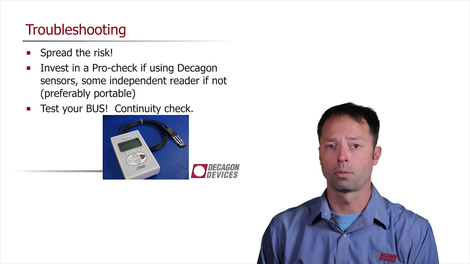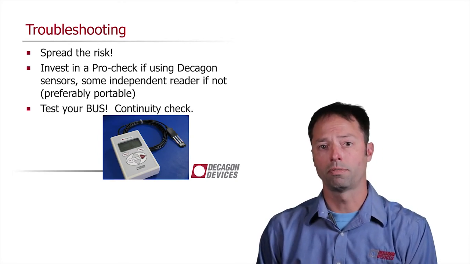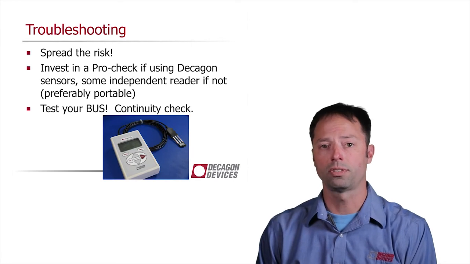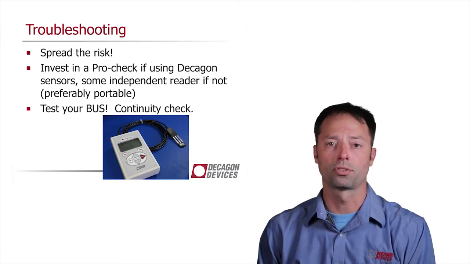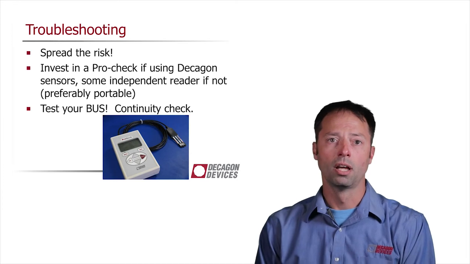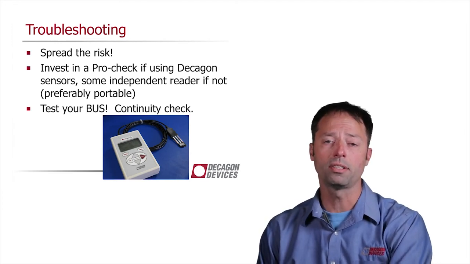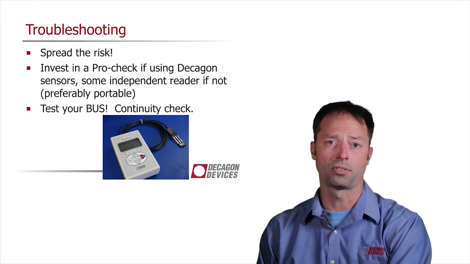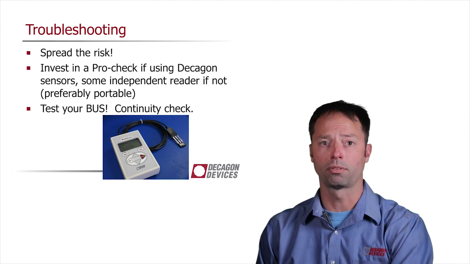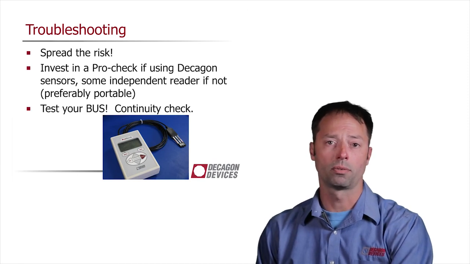It's much easier to troubleshoot 10 sensors on one port than it is to troubleshoot 40 or 60. A ProCheck made by Decagon devices is going to be indispensable for maintaining your sensor network. And constructing a good bus is also going to be the key here.